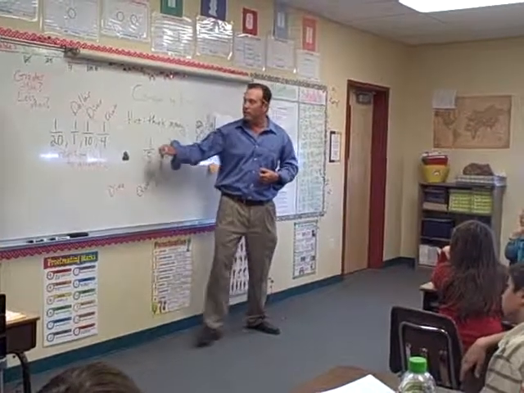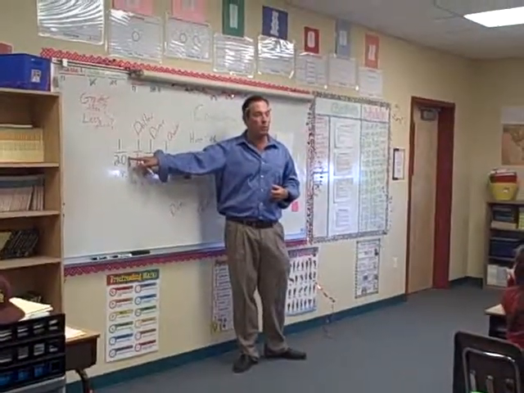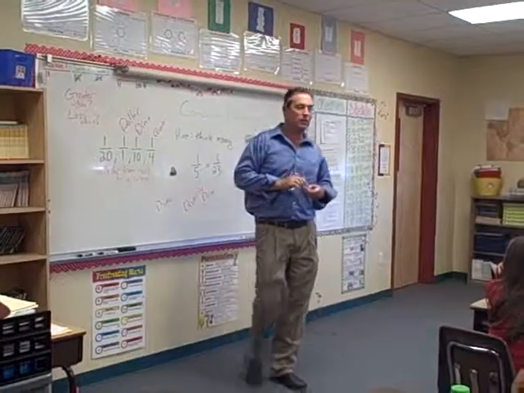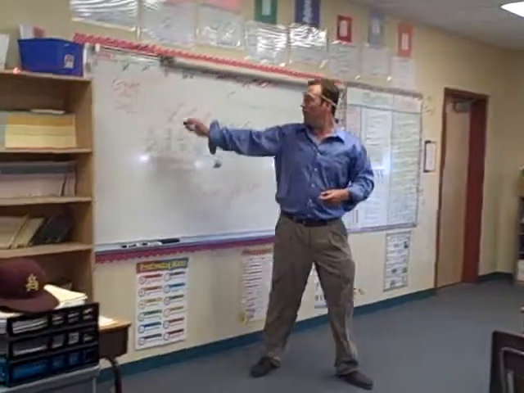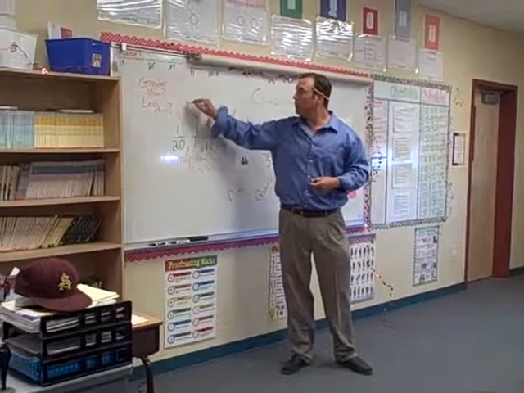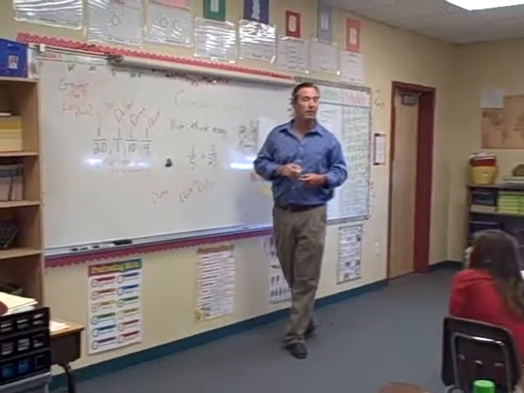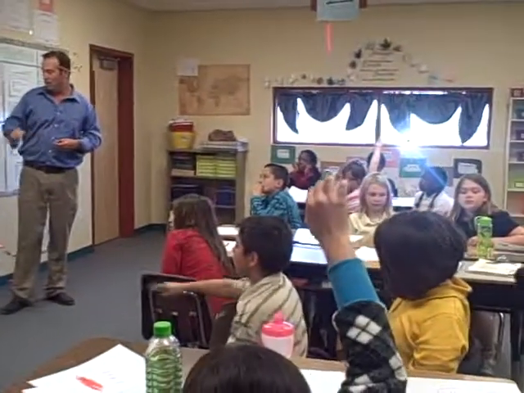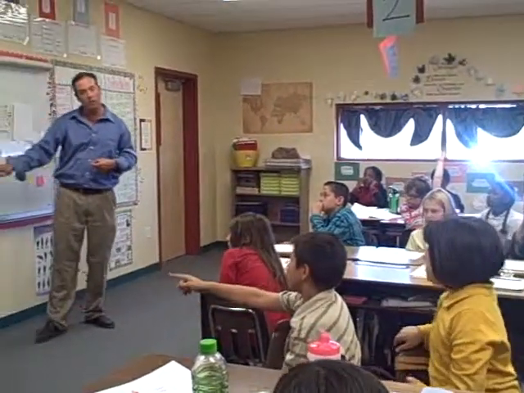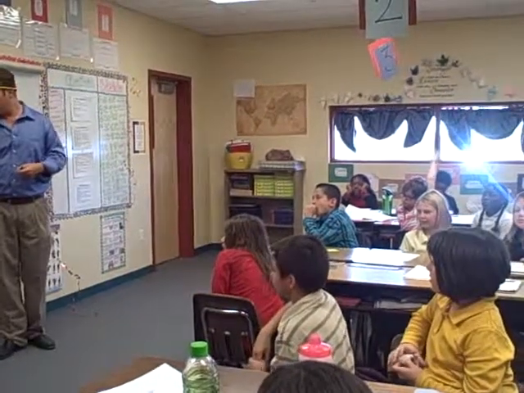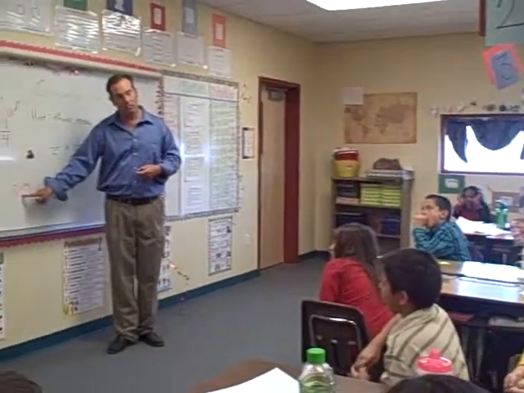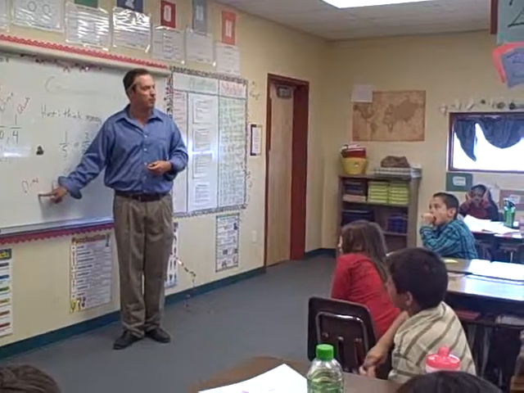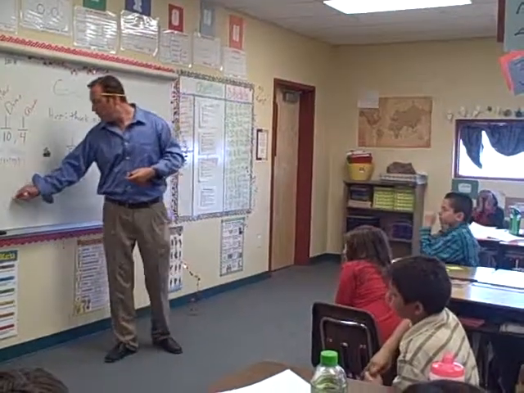Anybody recognize what this one's going to be? 1 over 20? A nickel, good. And where does a nickel go in this order? To the left of the dime.